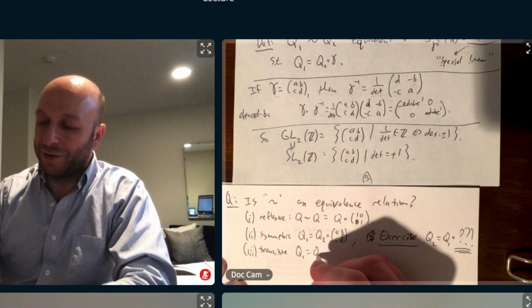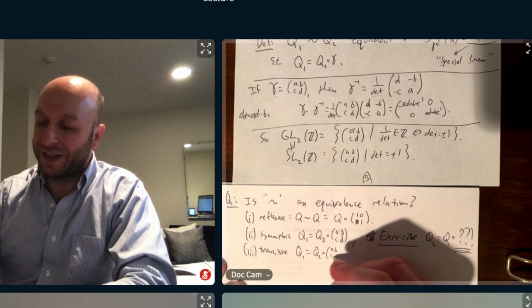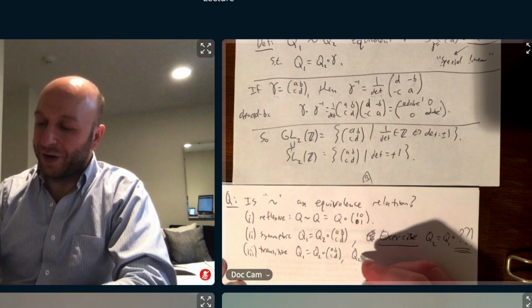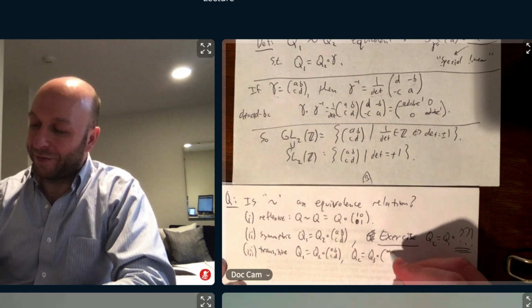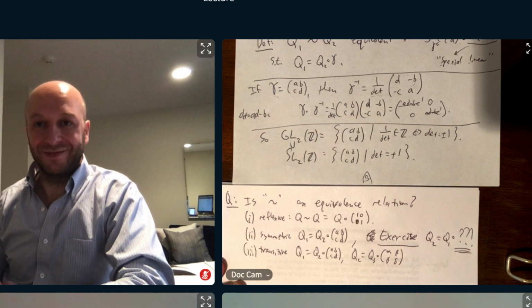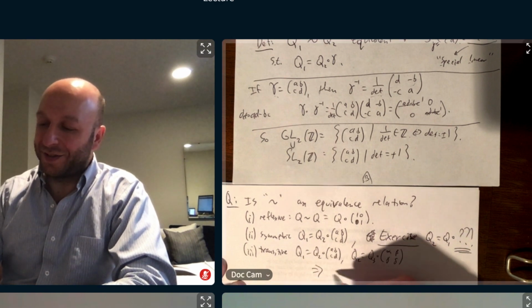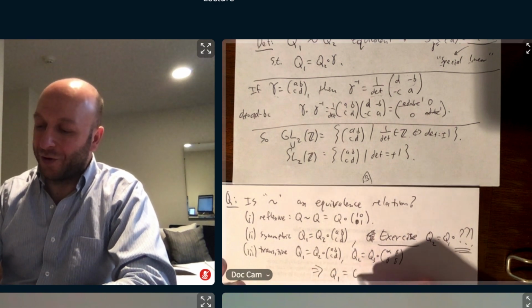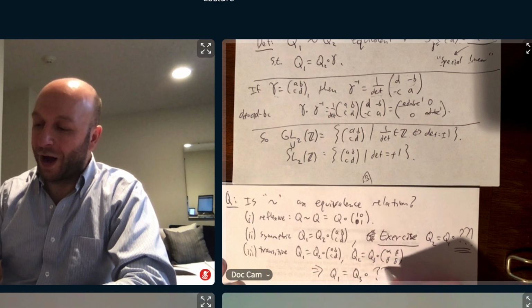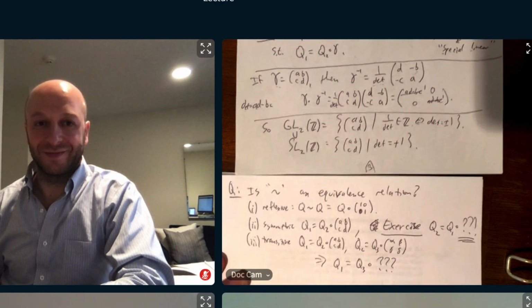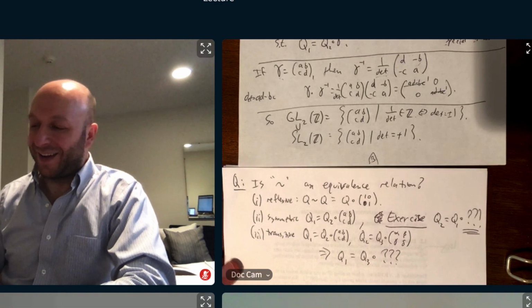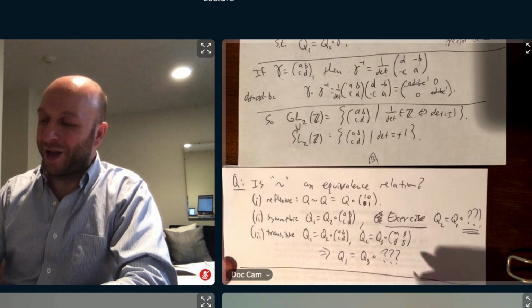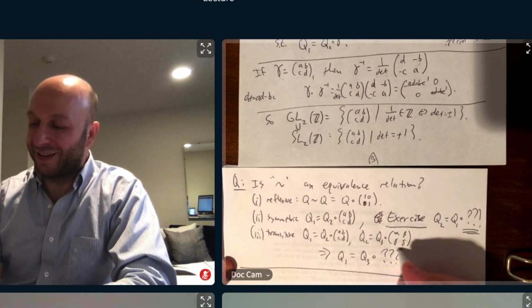Q1 is equal to Q2 composed with A, B, C, D. Q2 is equal to Q3 composed with alpha, beta, gamma, delta, implies Q1 is equal to Q3 composed with what? And the magic is that you should be able to explain this thing.